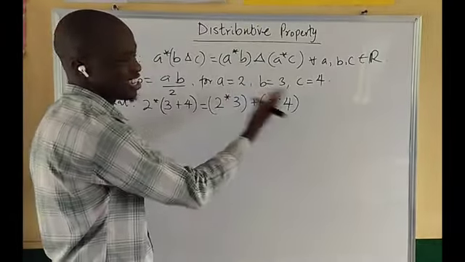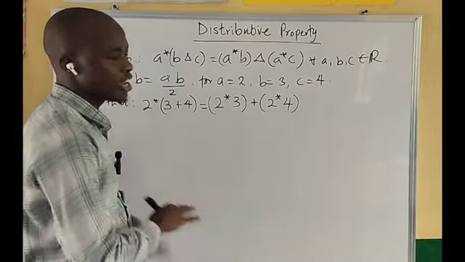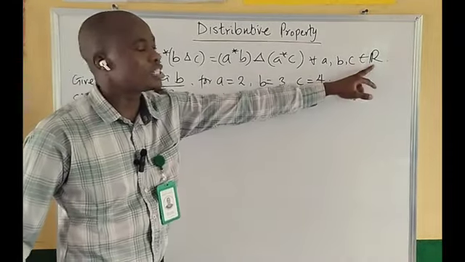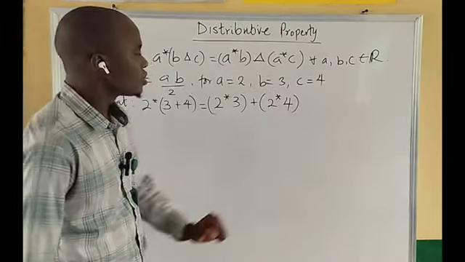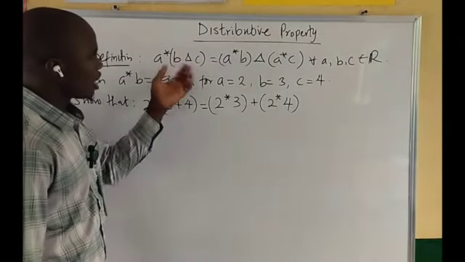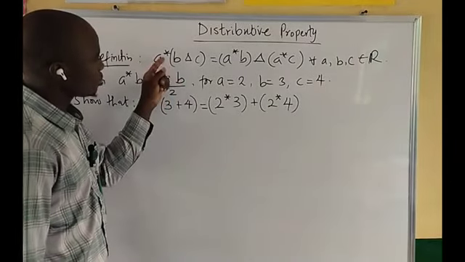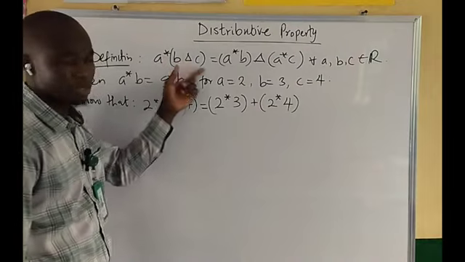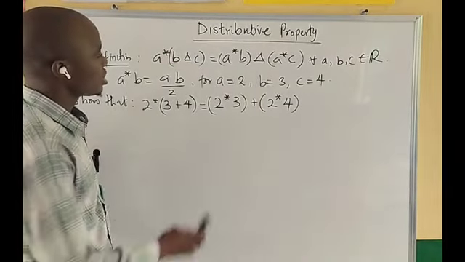It is like the general form of any numbers we can find under real numbers. Whenever you have this, you can see that we have two operations here, star and lambda. That is why this is distributive.